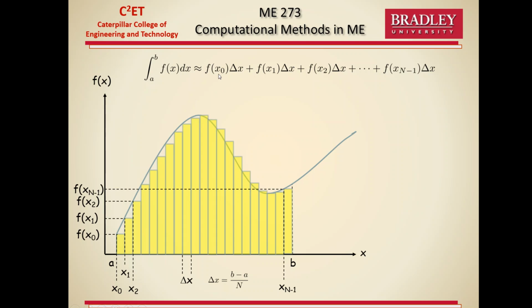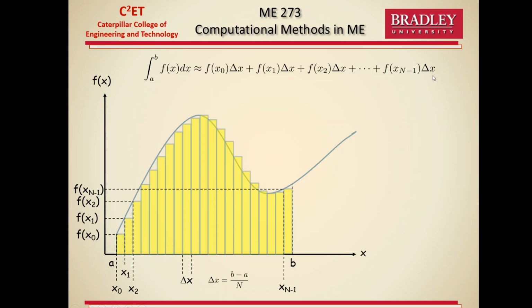So this f of x0 times delta x, this is the height, and delta x the width, of rectangle number 1 down here. The second term, as you can see, f of x1 is the height of rectangle number 2, delta x is the width. Right? F of x2 is the height of rectangle 3 times its width, that's the area of the third rectangle. And you keep adding these up until you get to the very last rectangle, the nth rectangle, the height times its width.